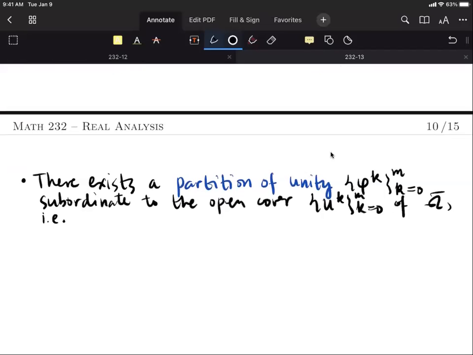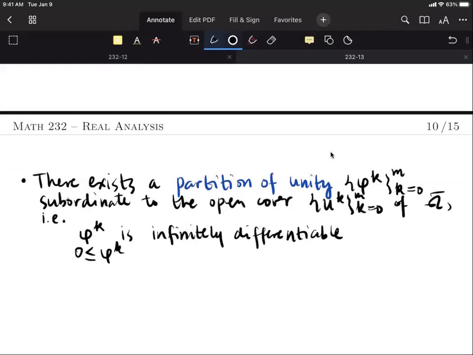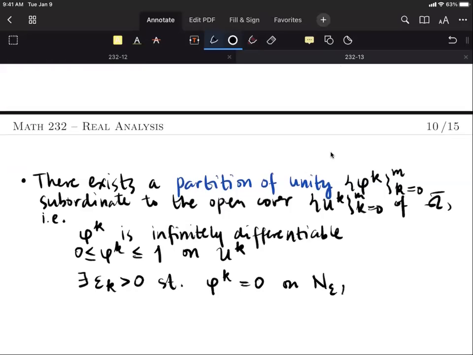By partition of unity, we mean that phi sub k is infinitely differentiable, the values of phi k is between 0 to 1 on uk. There exists an epsilon sub k positive such that phi sub k is 0 on this epsilon sub k neighborhood of the boundary of u sub k.